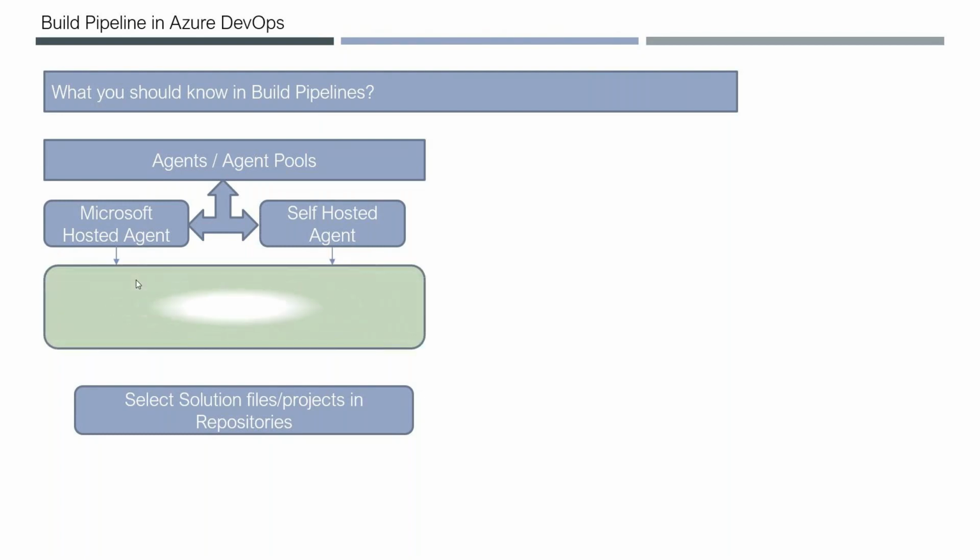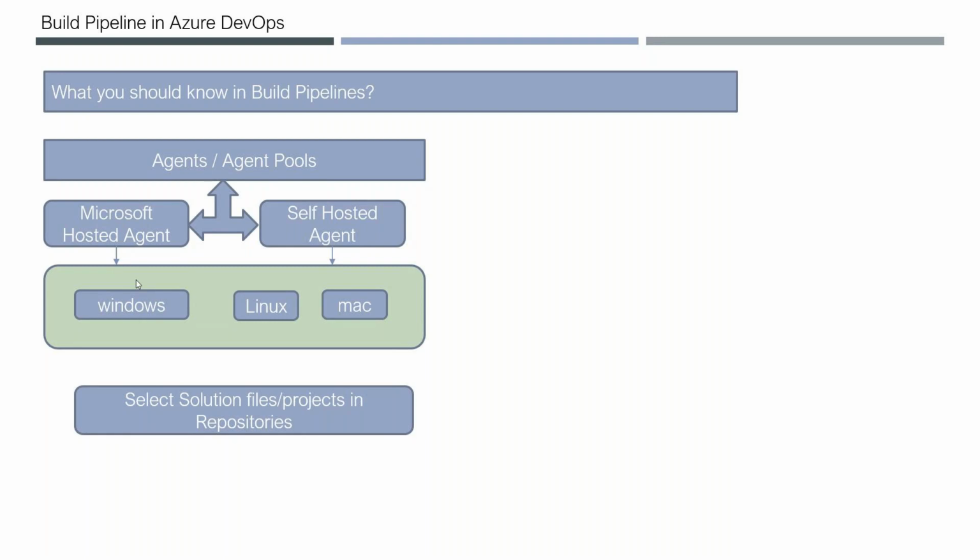Whatever the agent, whether it is a Microsoft hosted agent or self-hosted agent, Azure DevOps supports Windows, Linux, and Mac. If you are using a .NET application, mostly you do it on Windows, not 100%. Linux or Unix for Java, or in some cases they also do it on Windows.